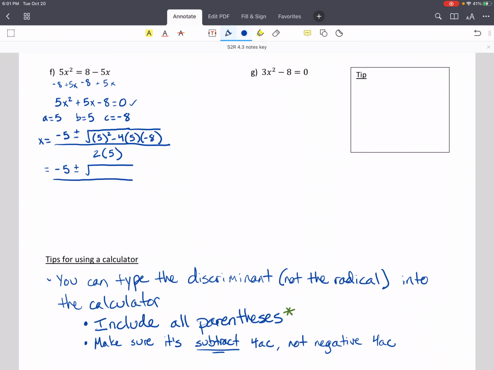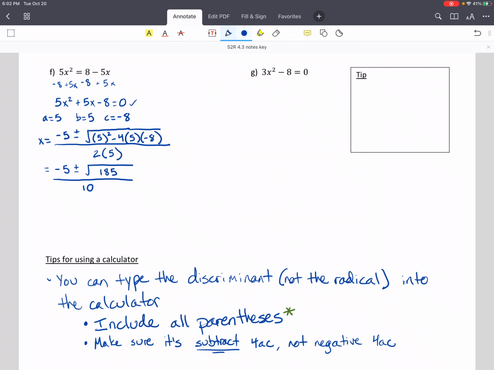I'm just going to do 2 times 5 right now, which is 10, because it makes me feel accomplished. Okay, calculator time. 5 squared minus 4 times 5 times negative 8. I get 185. All right, here's some good stuff.